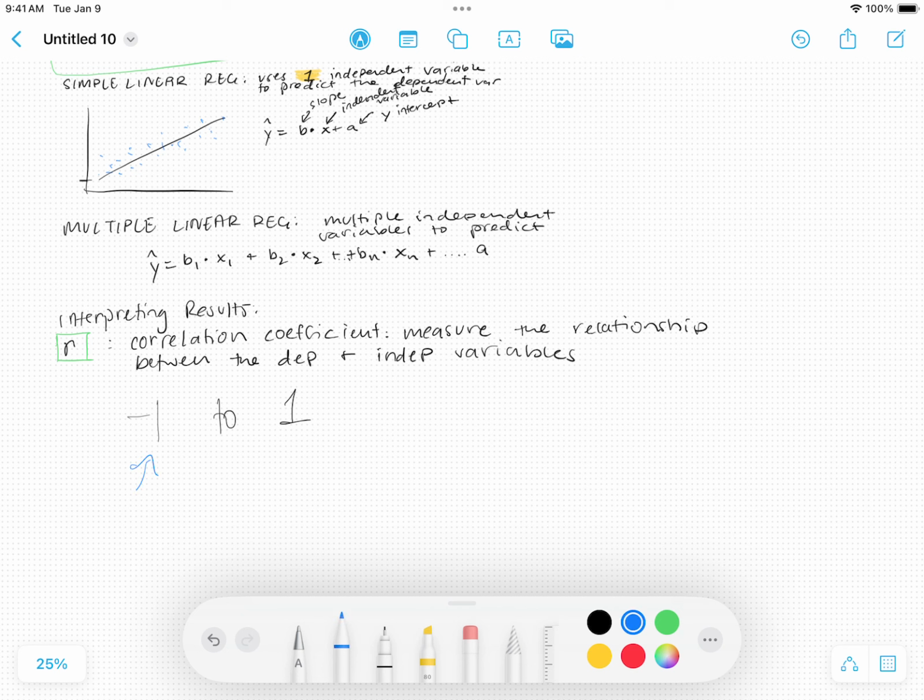If it is -1, that means it is strong and negative. If it's 1, then it's strong and positive. Keep in mind, I said between, so it's not exactly going to be -1 or 1. It can be 0.9, 0.8, whatever. And it can also be 0, and if it's 0, then you guessed it, there is no or poor relation.